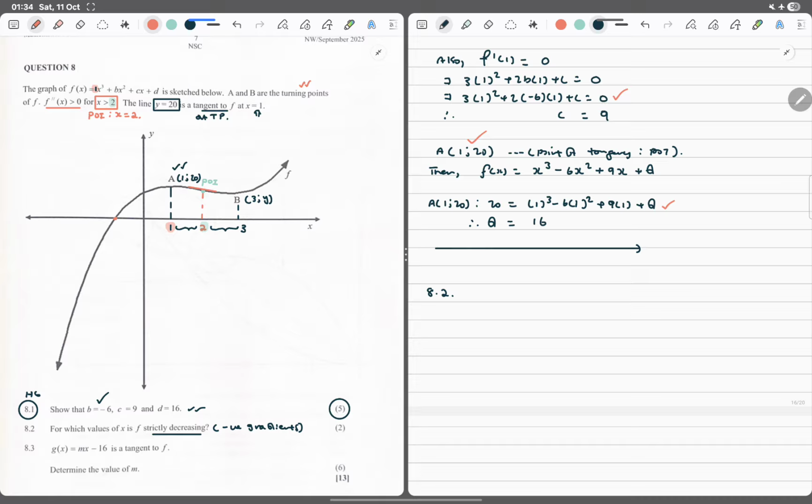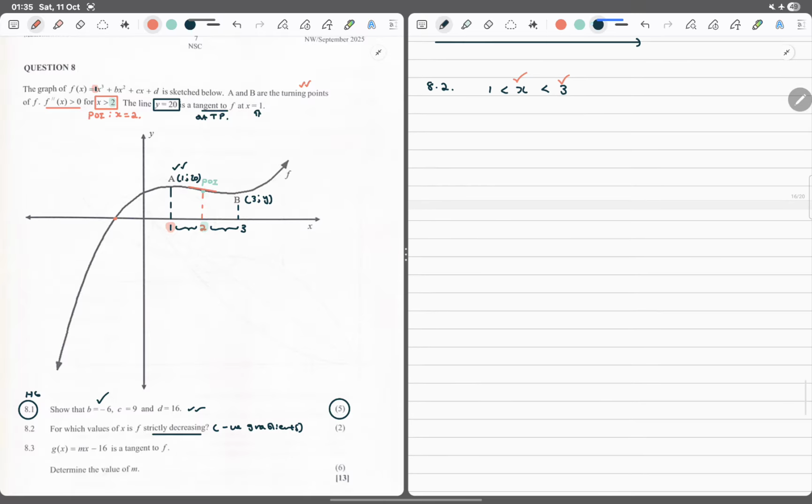So we can just write x must be less than the value at B, which is 3, and greater than the value at A. That is when the graph is strictly decreasing. At the turning points, it is neither decreasing nor increasing, so we cannot include them. So this is 2 marks. Obviously, this mark is mainly for the overall inequality. Finding that 3 was key, and we did it by inspection, so we don't need to explain.